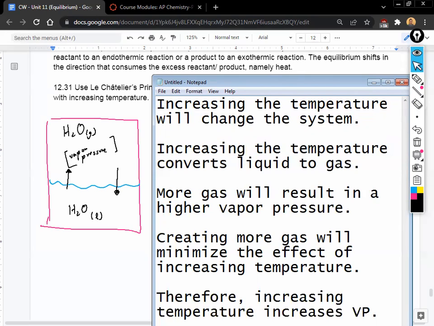It would turn into a lot of gas. However, if the liquid naturally starts vaporizing more, increasing the temperature will not cause more gas molecules to be made, and it's going to minimize the change on the system.